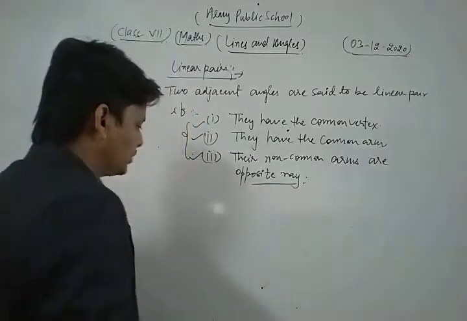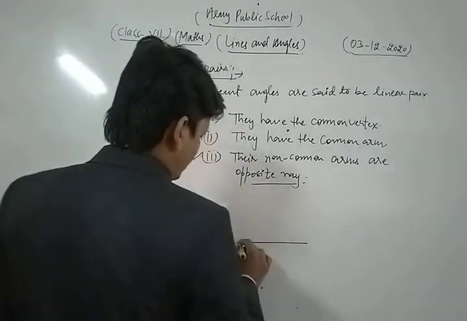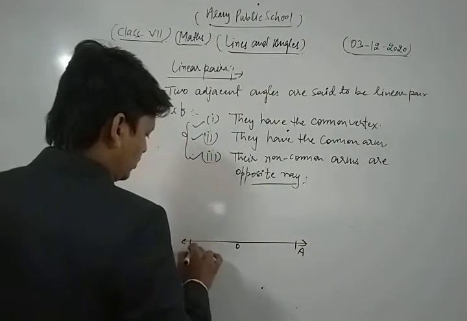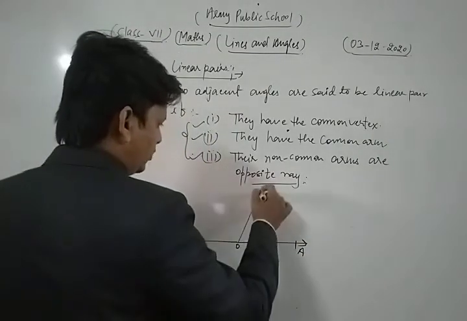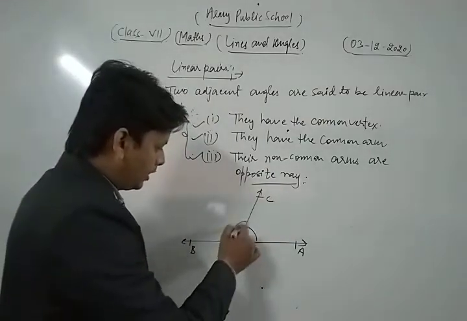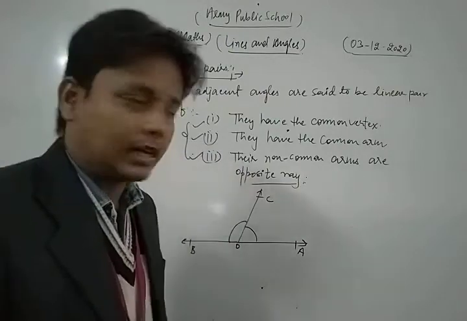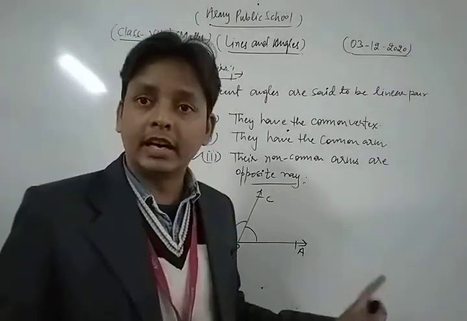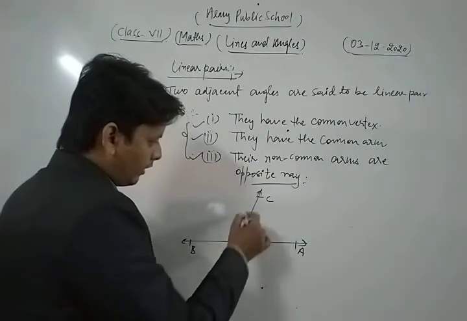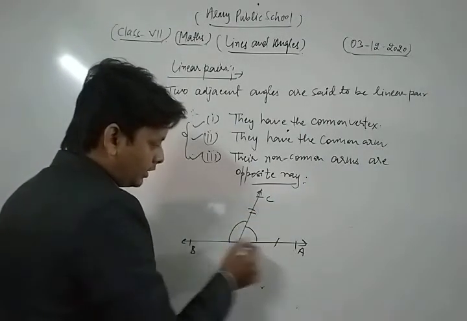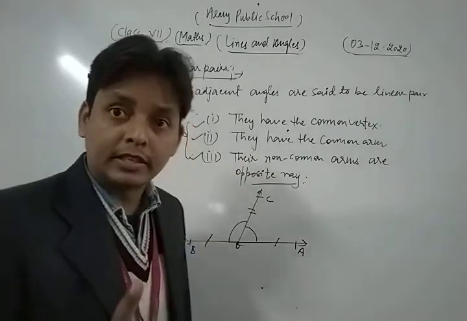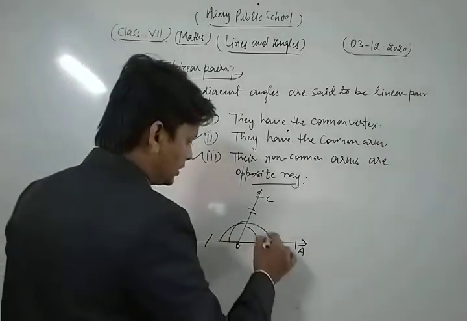Let's see. Suppose that we draw two rays OA and OB, and a third ray stands on it. Here angle AOC and angle BOC are a linear pair because they have the common vertex and the common arm OC, and their non-common arms OA and OB are opposite rays, so they form a straight line.